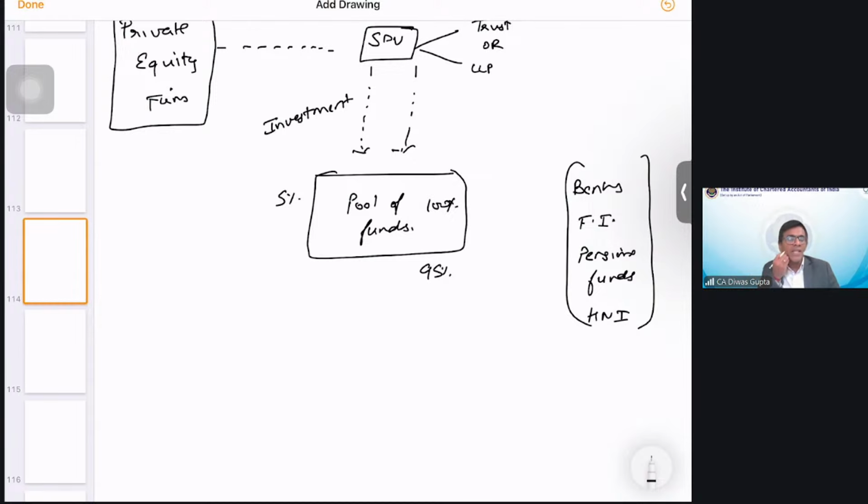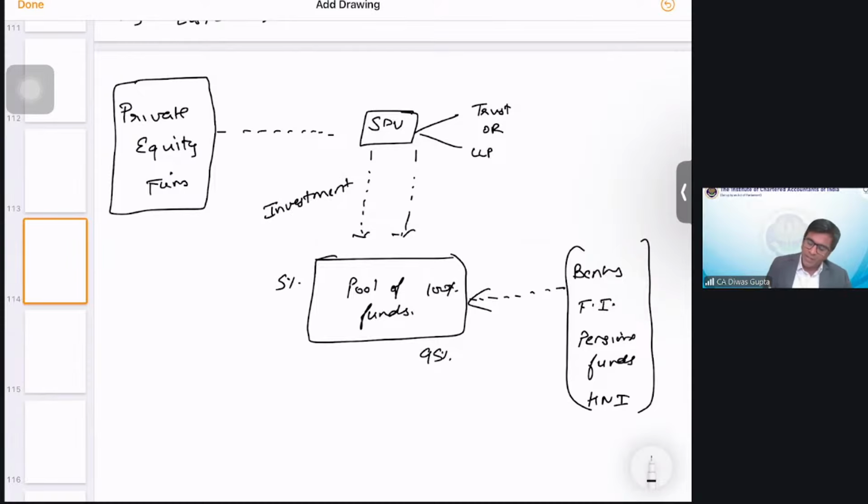These individuals who are eager to invest, who are sitting on excess cash, will contribute 95% of the funds. 5% for investment purposes will also come from the private equity firm, which we are talking about.